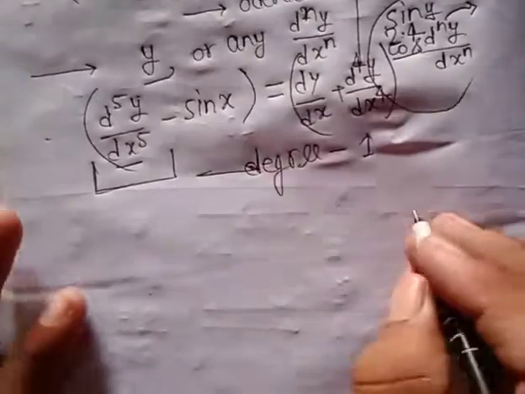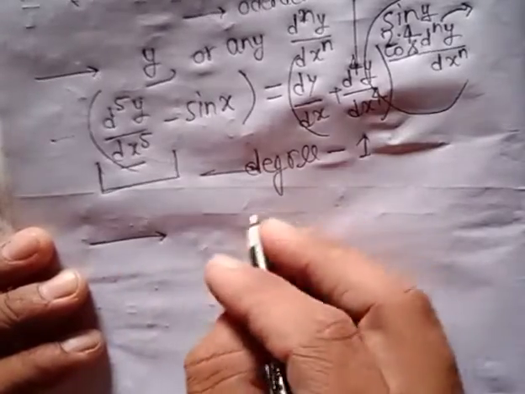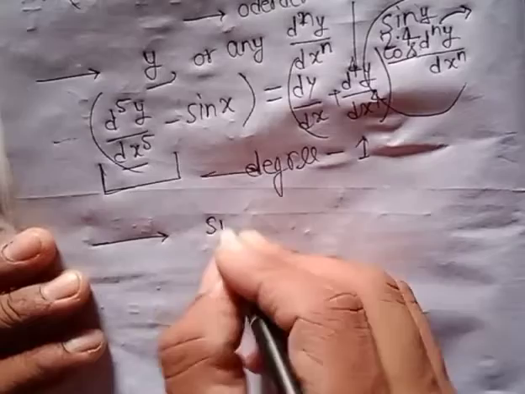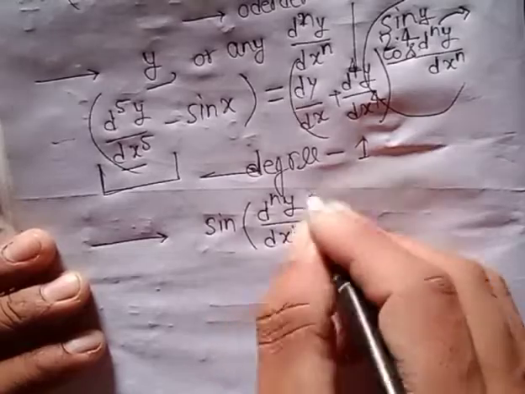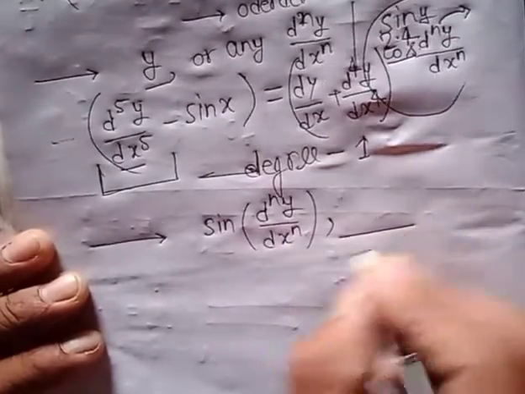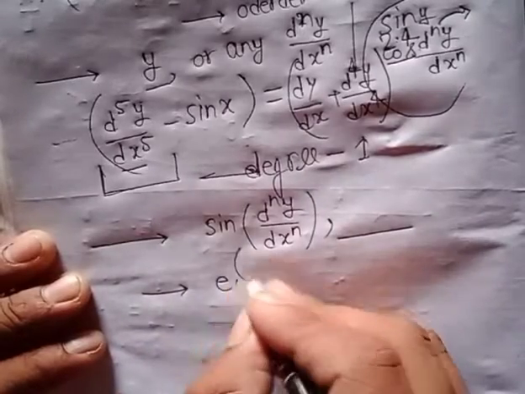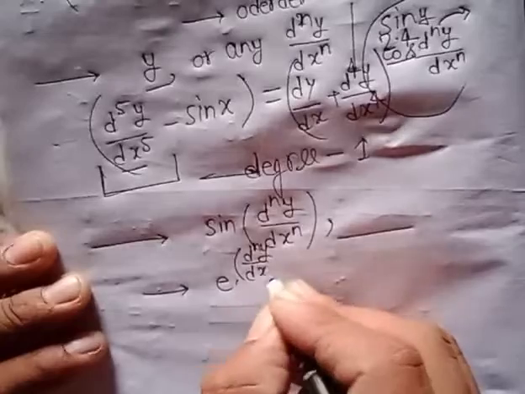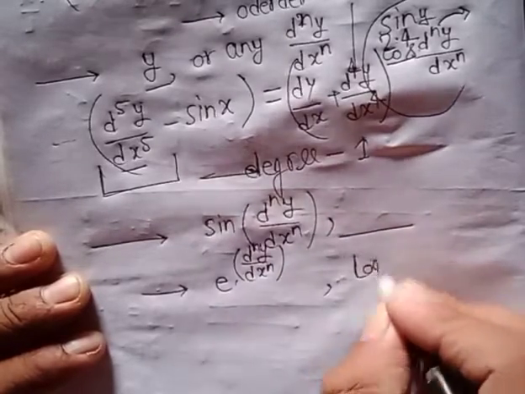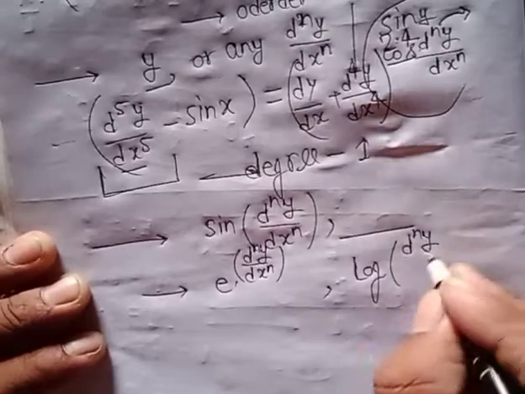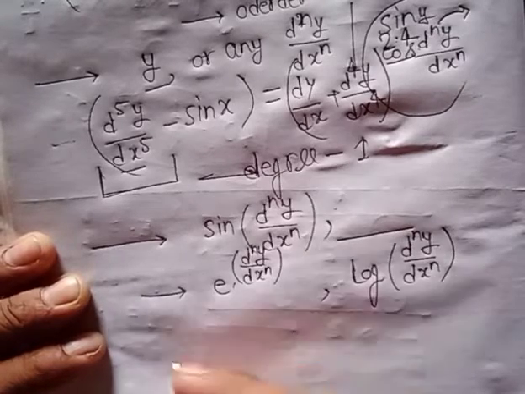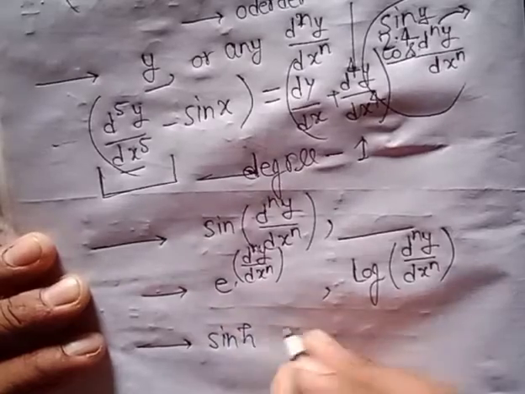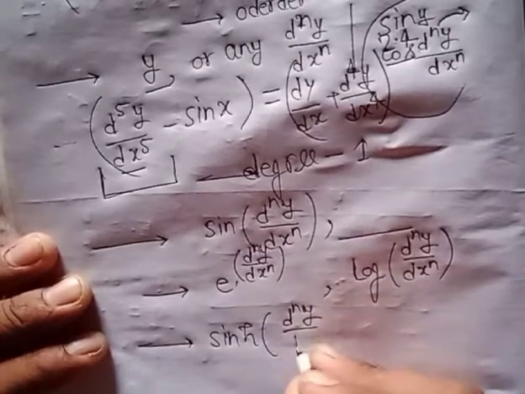The important thing one should remember all the time is about terms involving sine of dny upon dxn, cosine or any trigonometric function, and exponential, that is e to the power dny upon dxn, or logarithmic function log dny upon dxn, and also hyperbolic functions, that is sine hyperbolic dny upon dxn.